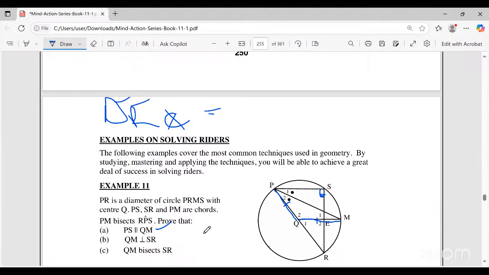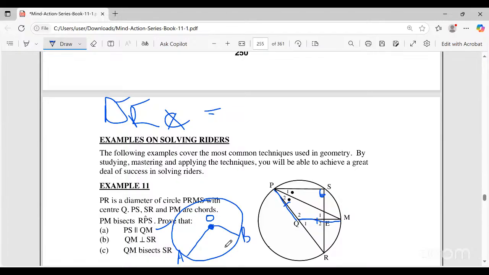So let me just emphasize that. If this is the circle, remember we said the radius is the line from the center to the point on the circumference. That is the radius. So if there is this line OA, it's a radius because it's from the center to the circumference of the circle. Also OB will be a radius.